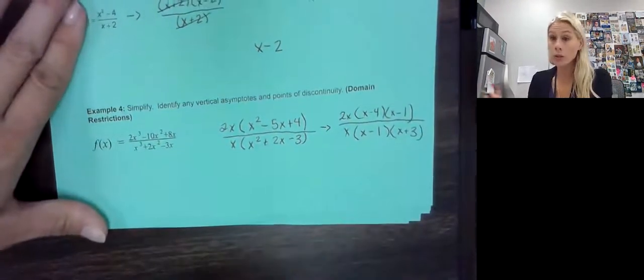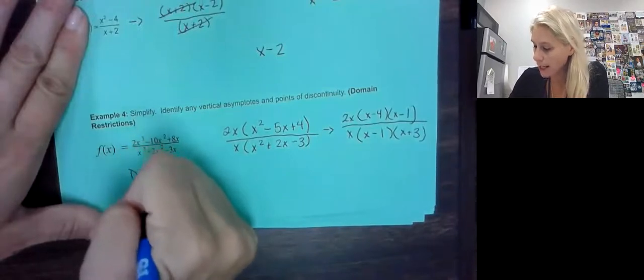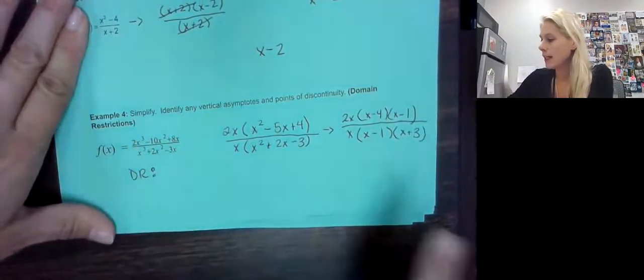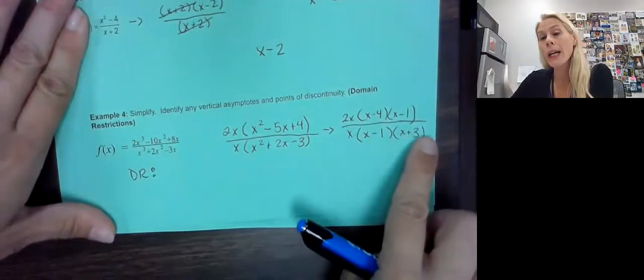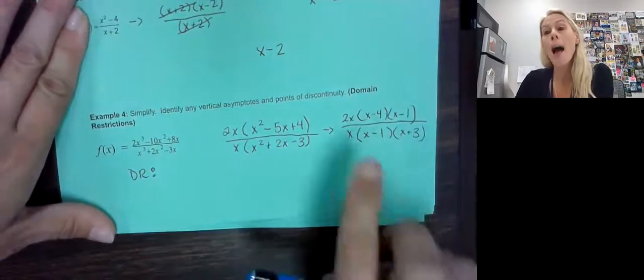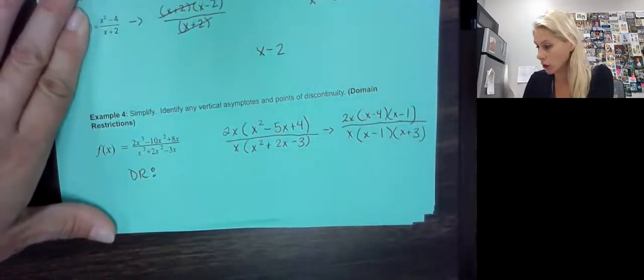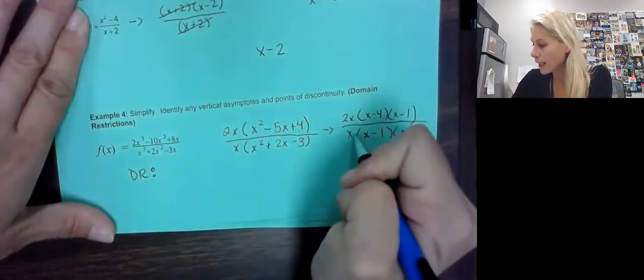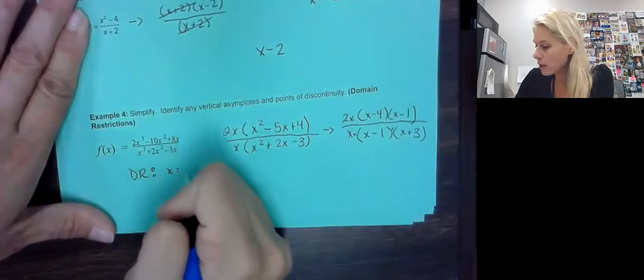All right, let's talk about domain restrictions, right? That's our next one. Now, one of the things that everybody forgets is I see that there are 3 x's. So there must be, at most, 3 domain restrictions. So I have to look at each of the multiplying, right? So here I have x equals 0.